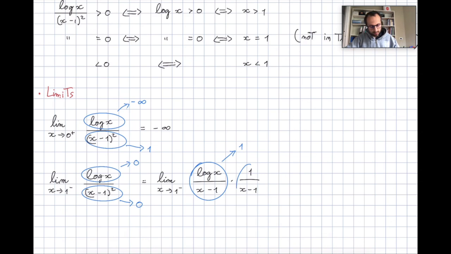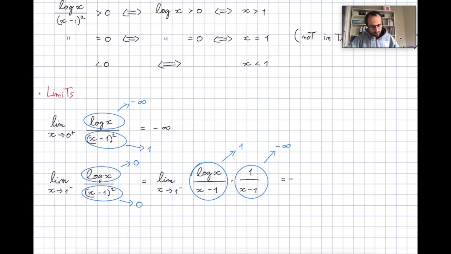This converges to 1. So this is easy. And now what about this? Well, this goes to infinity as x goes to 1, because the denominator here goes to 0. We just need to understand what the sign is, but since x goes to 1 from the left, this guy goes to minus infinity, because the denominator is always negative. And so I get 1 times minus infinity.